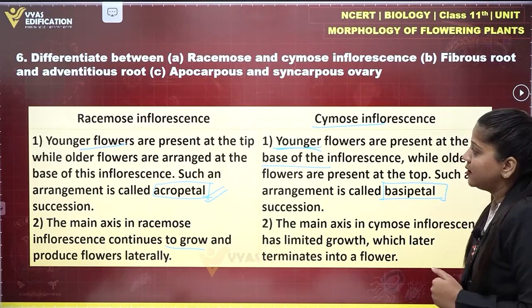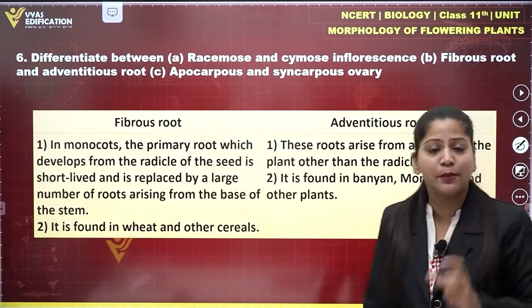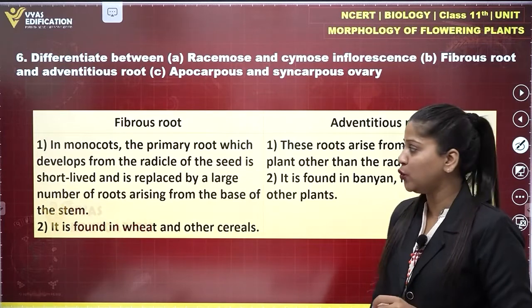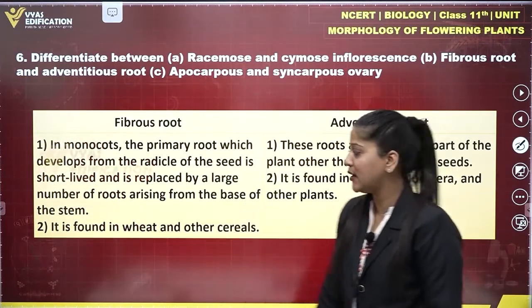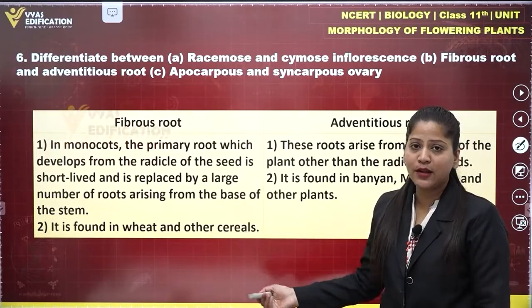Let's see the next, the difference between fibrous root and adventitious root. Fibrous root is found in monocot plants such as wheat and cereals.